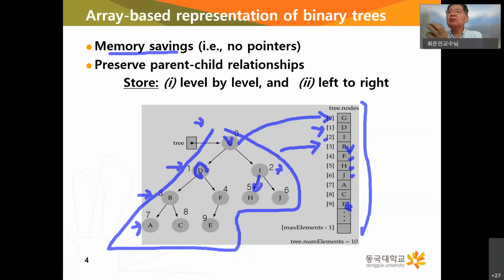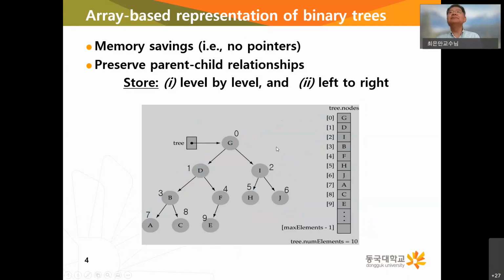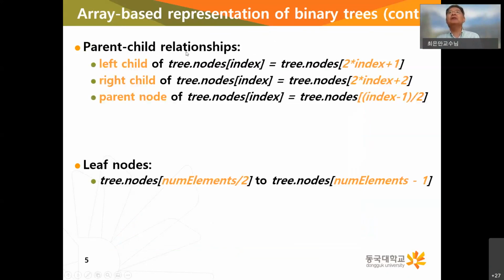If G is the root, what are the children of node G? You can calculate by index, okay? Multiply by 2 plus 1 or multiply by 2, that kind of thing, okay? So this next slide, okay, here's the parent-child relationship by calculating the index of the array, okay?